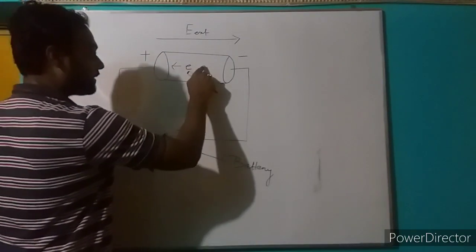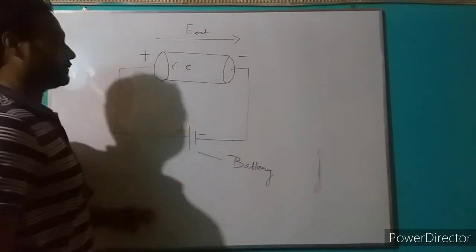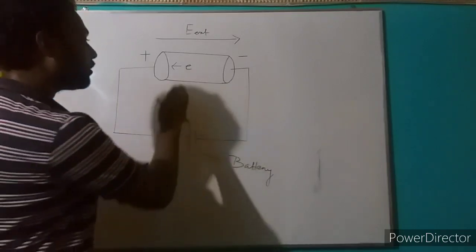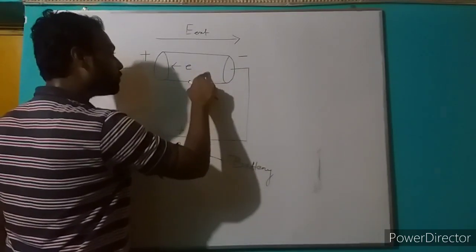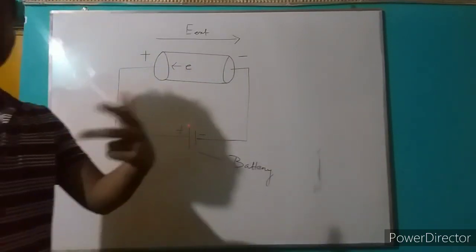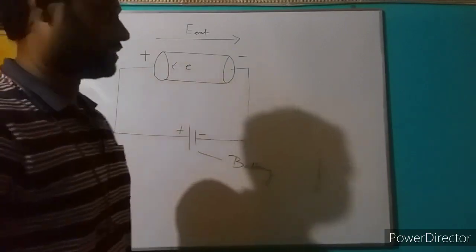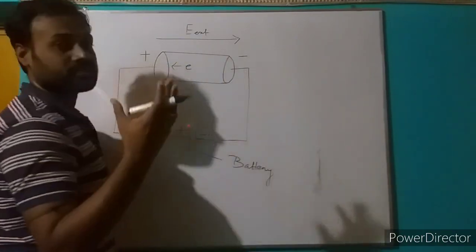Similarly, at the same time, the remaining part, the holes, always move opposite to that of electrons. Hole means what? That is the positive type of charged particle, that means positive ion.